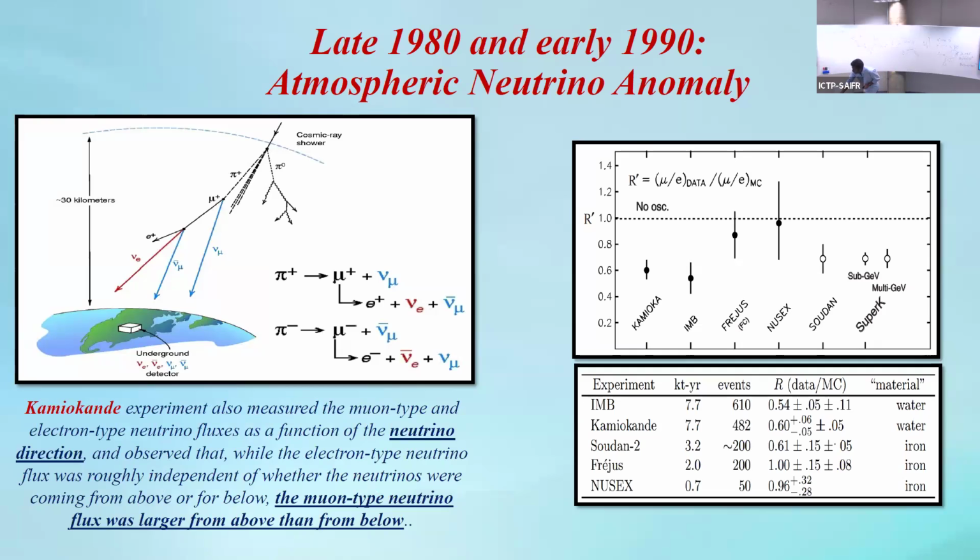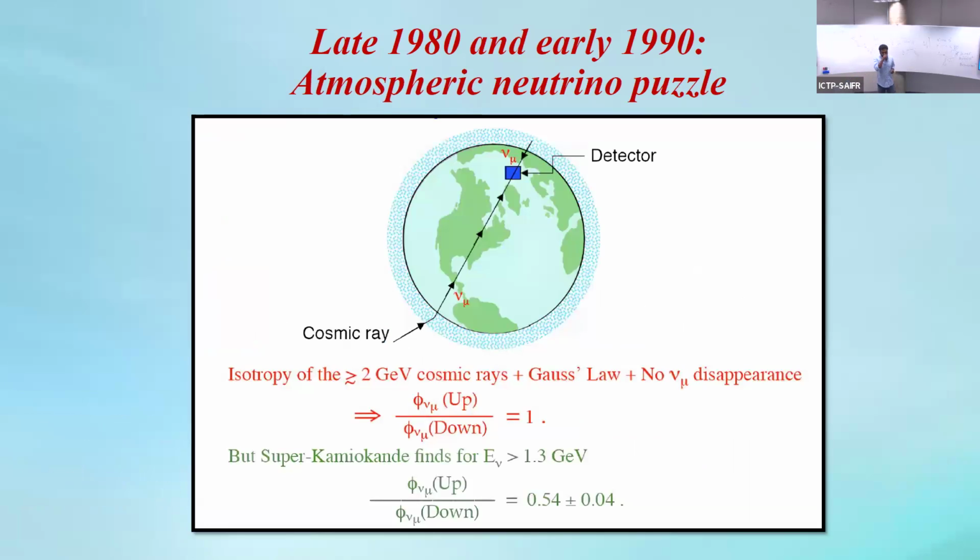But there was one interesting fact about Super-Kamiokande that I did not tell you about Kamiokande. Kamioka is a village in Japan, and NDE, its name is not just random. NDE means nucleon decay experiment.